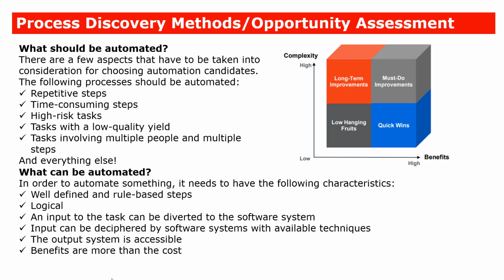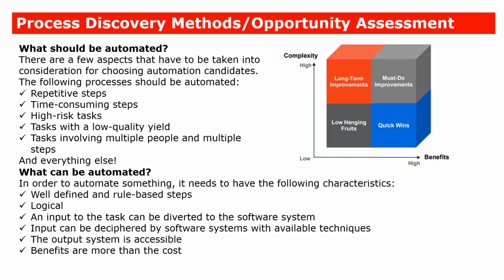In that case, your effort will be high to automate the process. Instead of using the UI, you should use an API, right? So there are a lot of considerations.